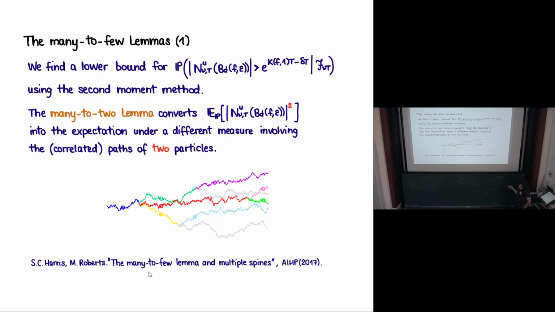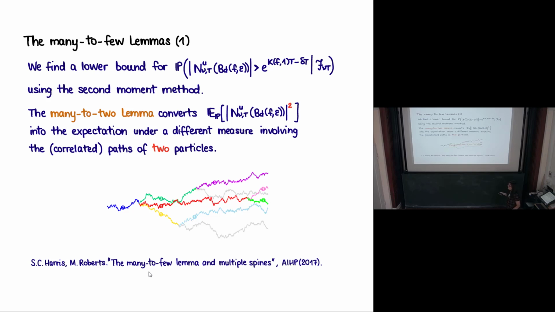If you remember what I did with many-to-1, I had the expectation and I could transform it into an expectation just involving one spine. What you can do with many-to-2 is the same but with two spines. These will be two particles that start together and then at some point separate and have independent paths. Let me briefly mention that you can do this with k moments.